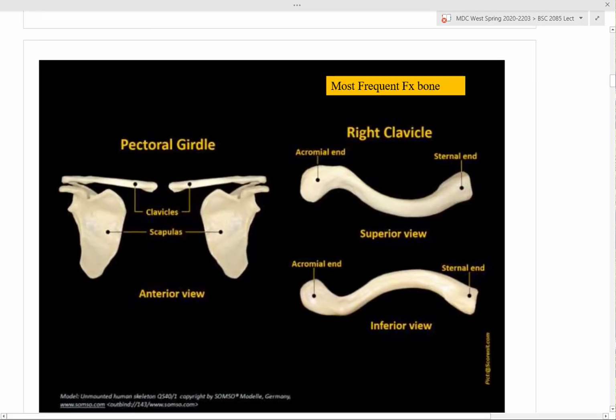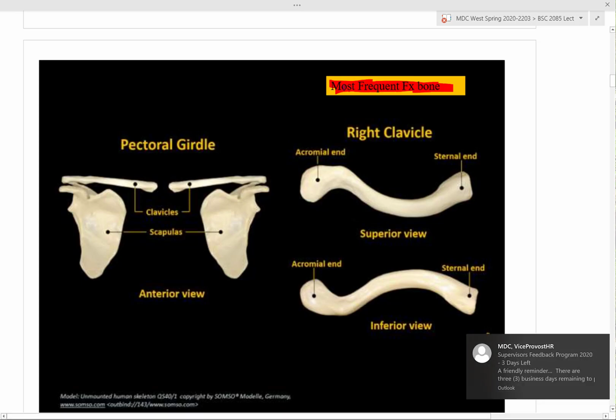So what is the most frequently fractured bone in the body? Clavicle. What is the most frequently fractured bone in the pectoral girdle? Clavicle.